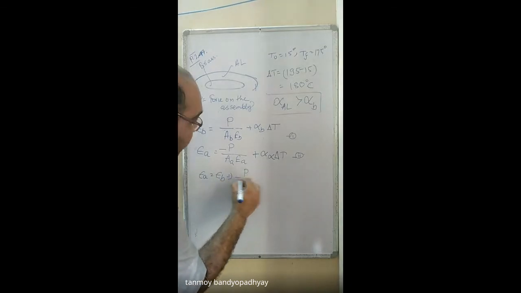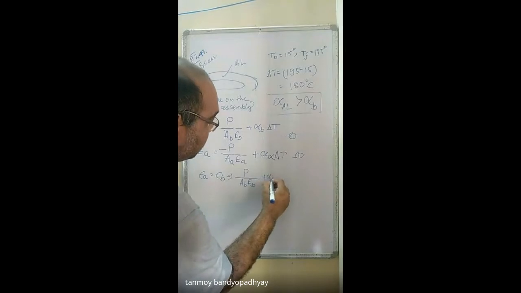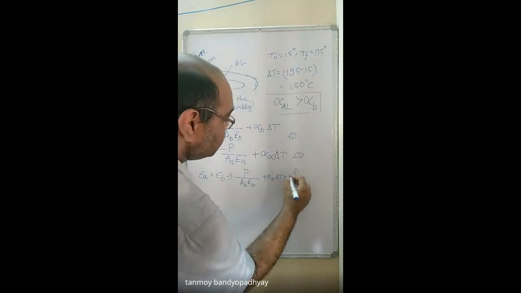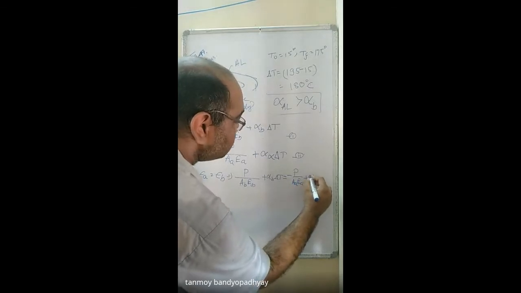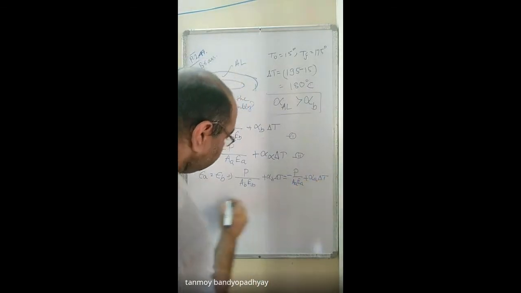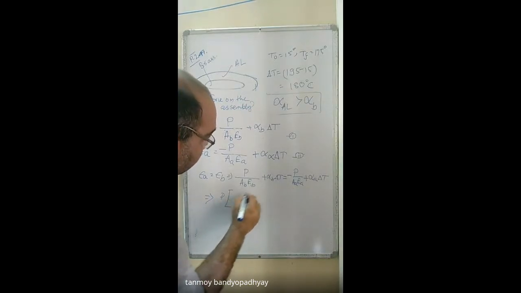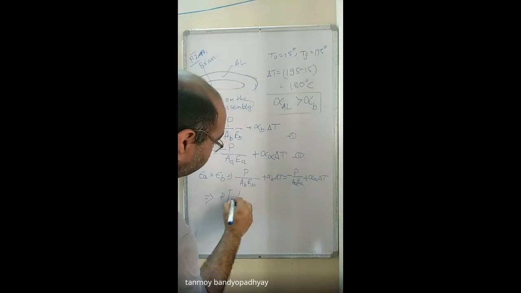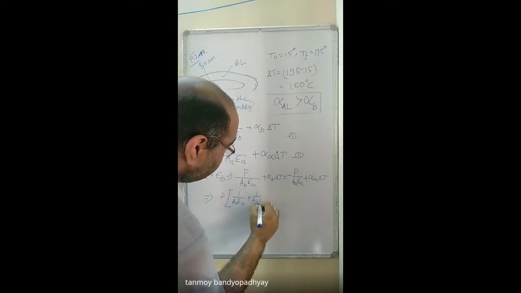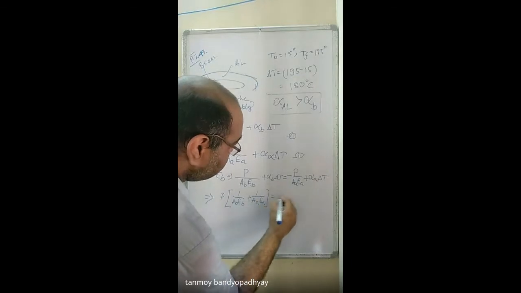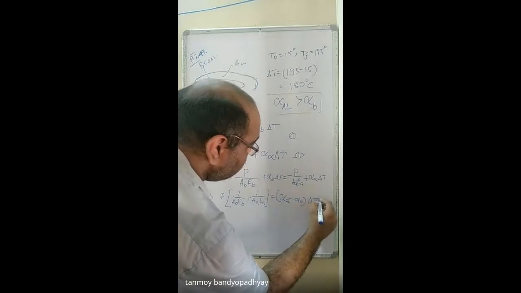So we have P by ABEB plus alpha B delta T equal to minus P divided by AAEA plus alpha A into delta T. Taking P common, I will be left with 1 by ABEB plus 1 by AAEA equal to alpha A minus alpha B into delta T.